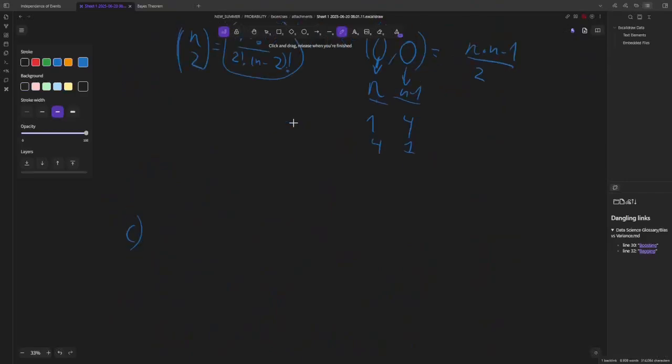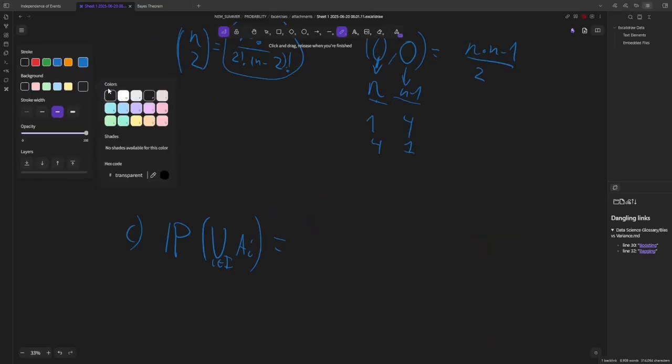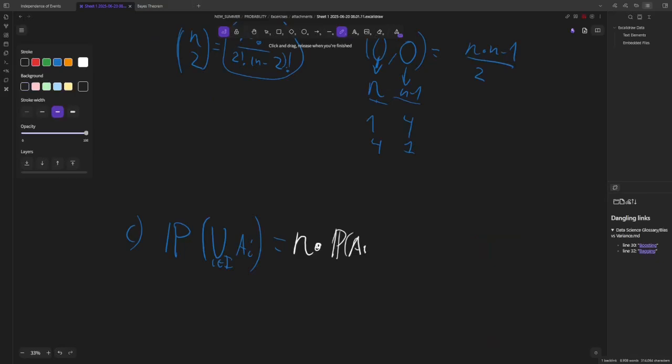So it'll be the probability of the union over i of A sub i is equal to, first, there are n times, since all probabilities are equally likely, pairs, triplets, or anything, of P of A sub 1, because it's the same for any, which would be n times n minus 1 factorial over n factorial.